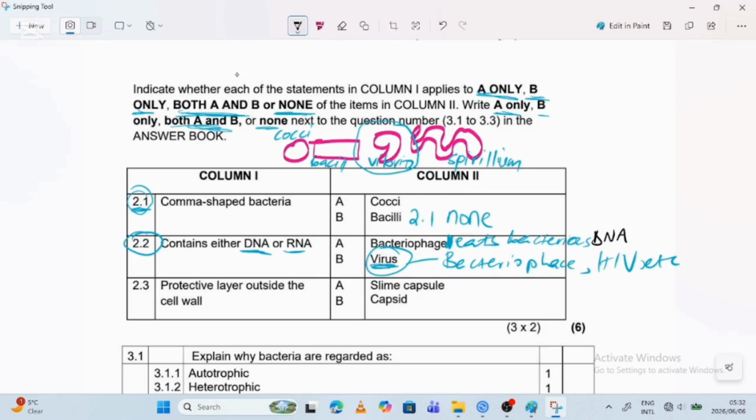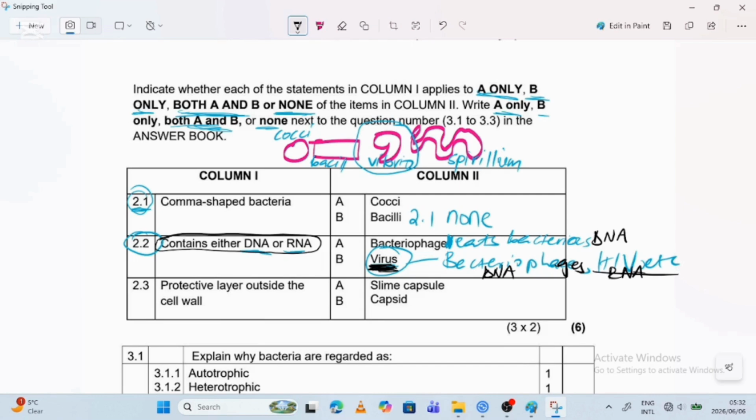And obviously when we talk about viruses, we talk about bacteriophages, right? We talk about the HIV virus, right? So a bacteriophage will contain DNA, and HIV will contain RNA. So if we're talking about a class that contains viruses with either DNA or RNA, they are not being specific.